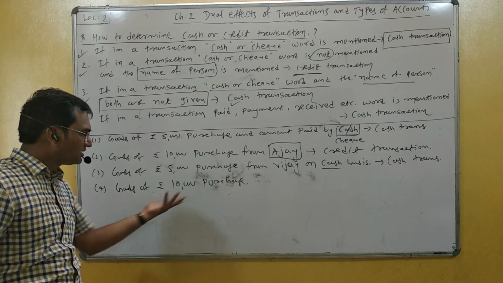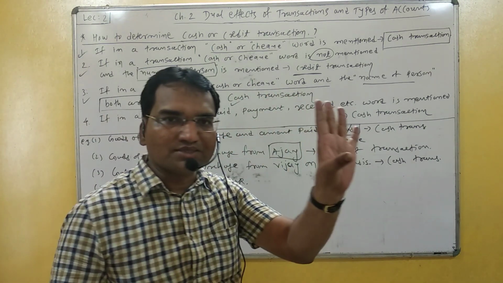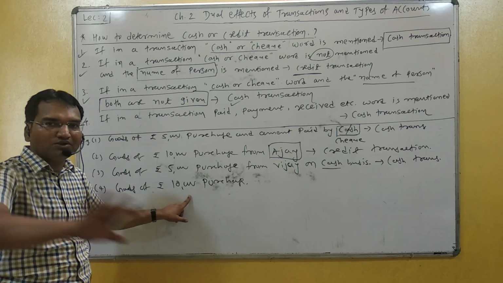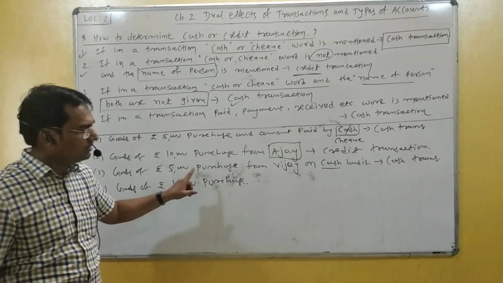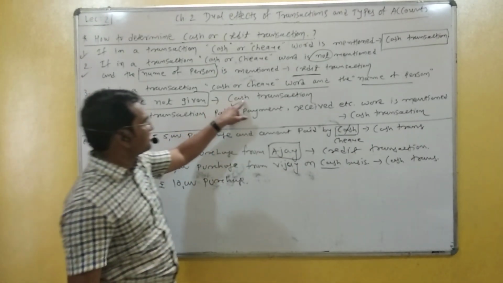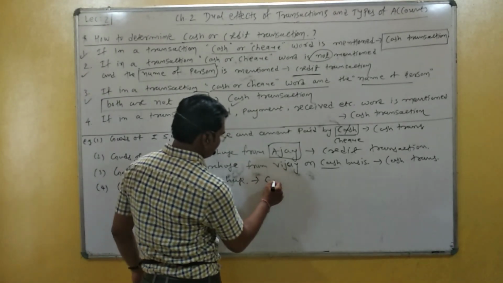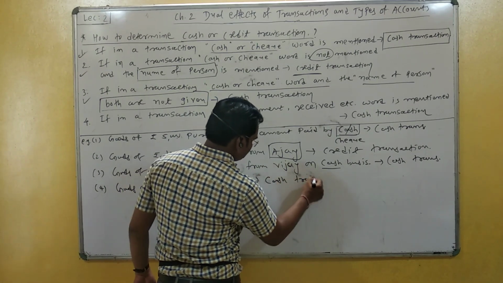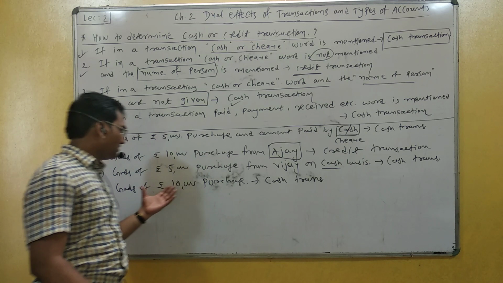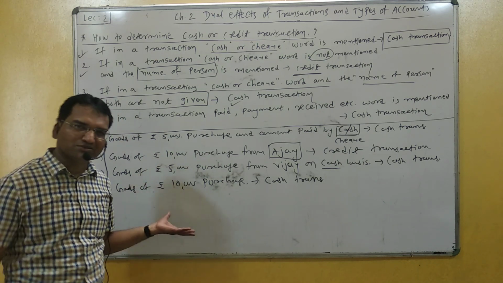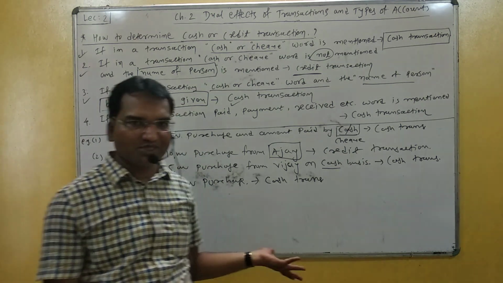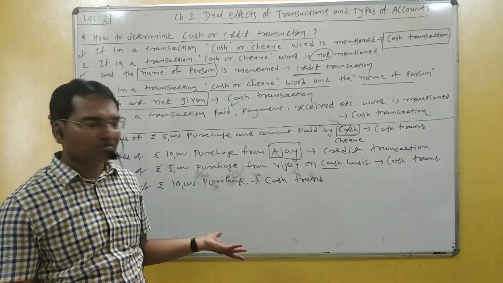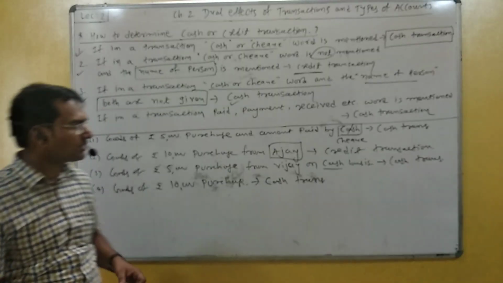You can see that the cash or check word is not mentioned and the name of a person is not mentioned. Which type of transaction is it? It is treated as a cash transaction, because goods of rupees 10,000 purchased means the amount is paid to the respective person. So this is a cash transaction.